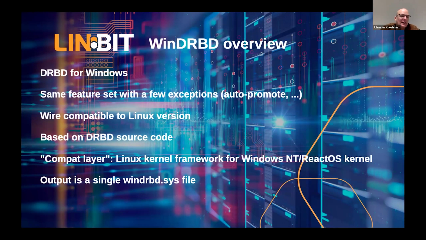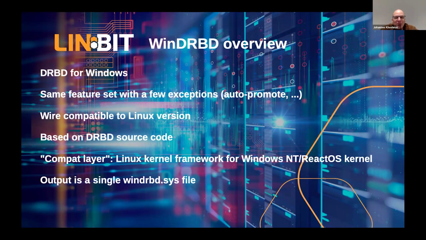If you have spin locks used for synchronization in kernel mode software, the Linux version is called spin lock, and in that case, it just calls the corresponding Windows NT spin lock plus some extra work. So it basically allows us to reuse most of the DRBD source code in a Windows NT kernel.